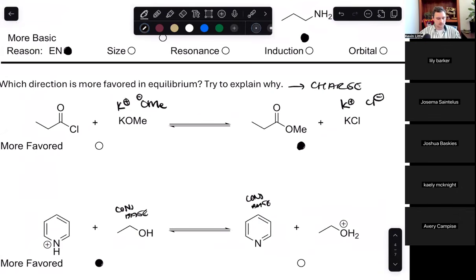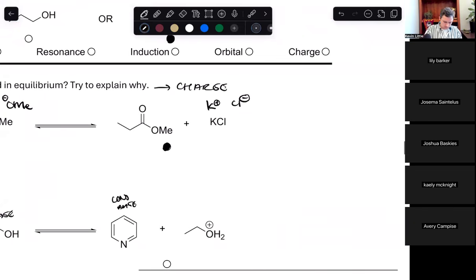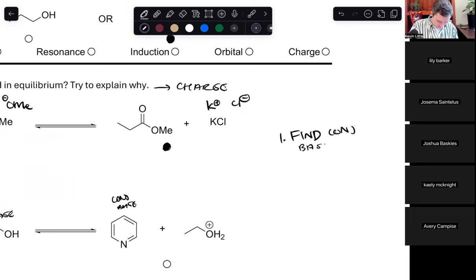So find the conjugate base. That's going to be the most negative version of the molecule.